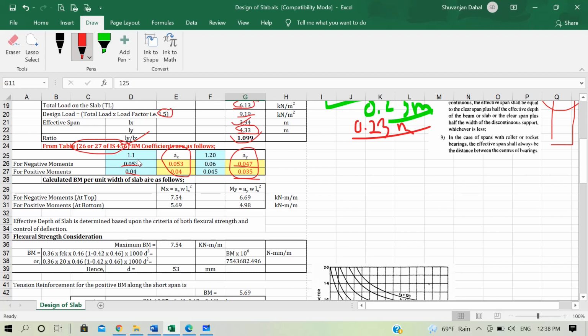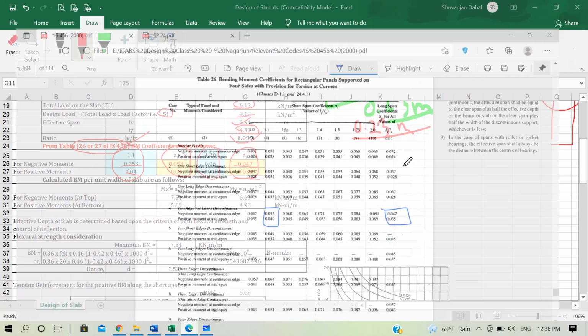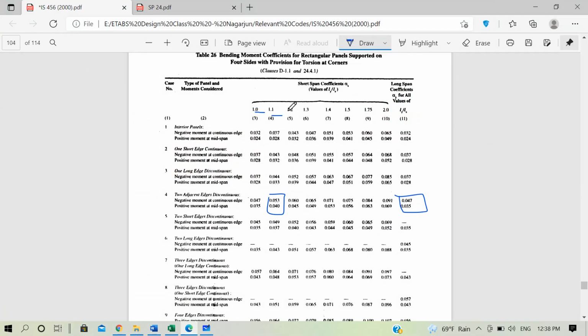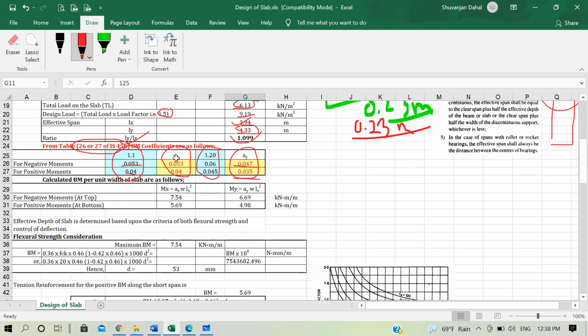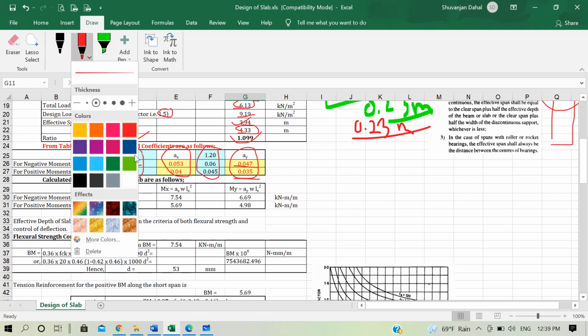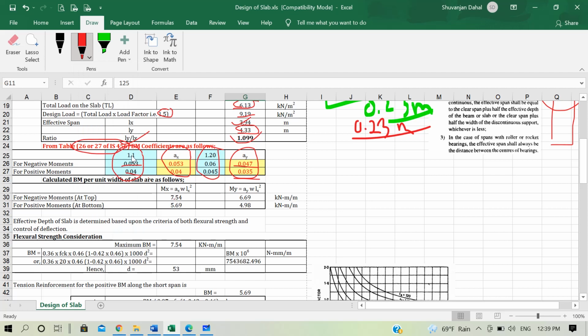and I have created two columns here for 1.1 and 1.2. If our alpha x alpha y value is not equal to any particular value of Ly by Lx given in this code, 1.01, 1.2, but instead lies between any two values, then we have to perform interpolation. But since our value is nearly equal to 1.1, we can use these coefficients for 1.1, which is the same 0.053 and 0.04 and 0.047 and 0.035.